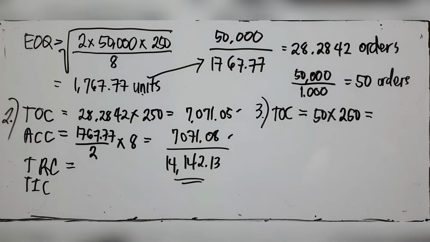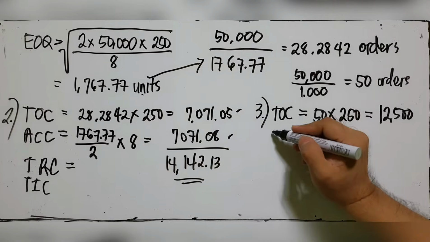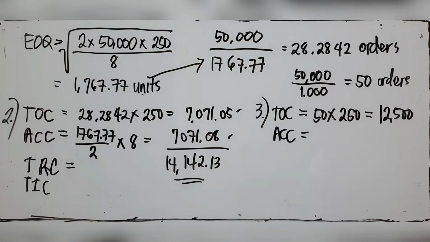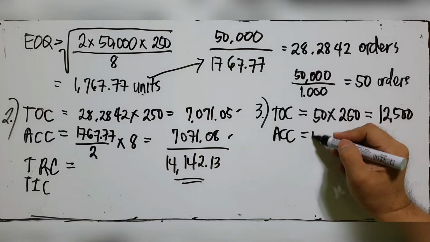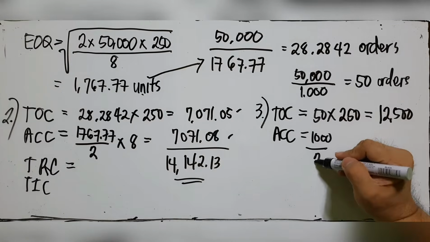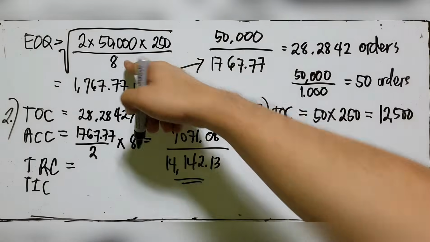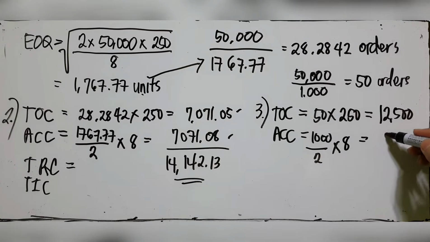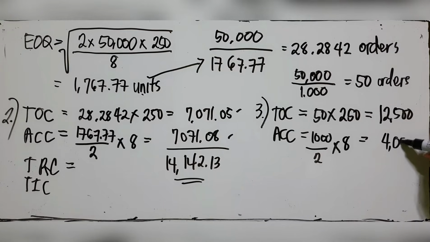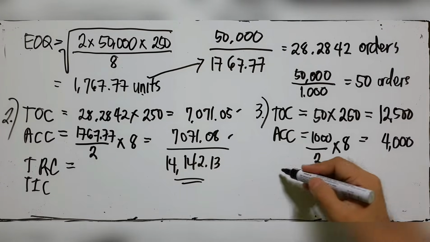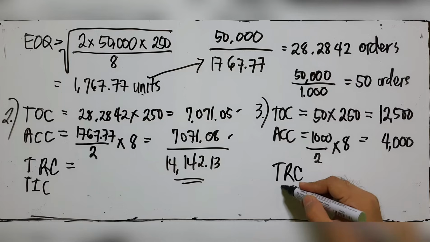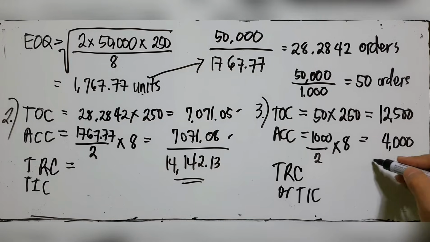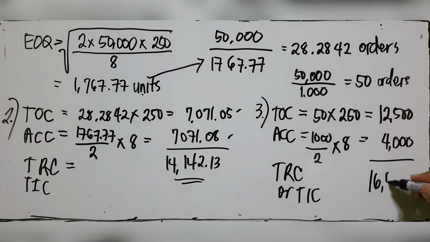So ang total ordering cost natin ay 12,500. Ang annual carrying cost natin ay, ano bang size ng order? 1,000 average inventory divided by 2 times the carrying cost per unit na 8. So that would be 4,000 pesos. So the total relevant cost or total inventory cost would be the sum of the two, 16,500.